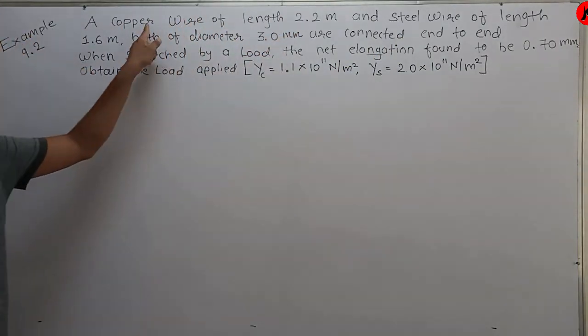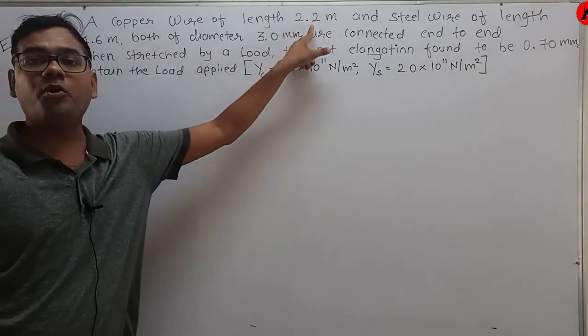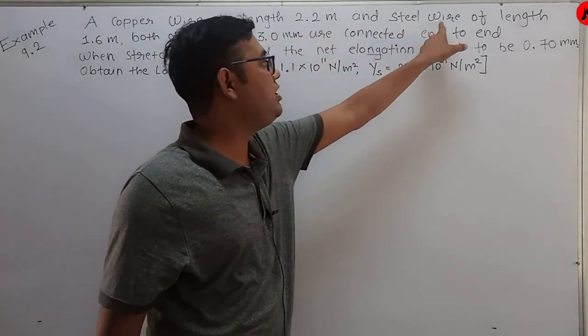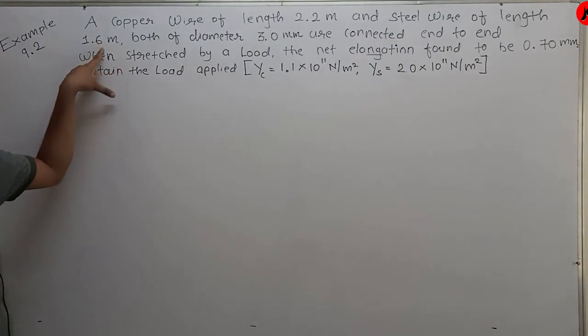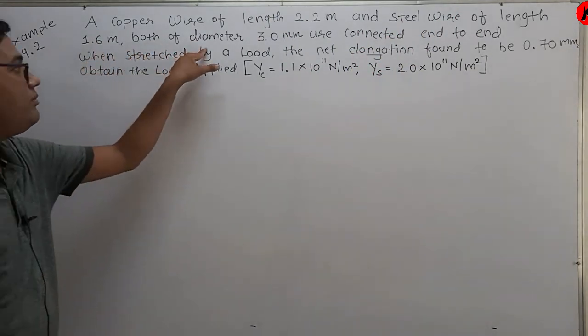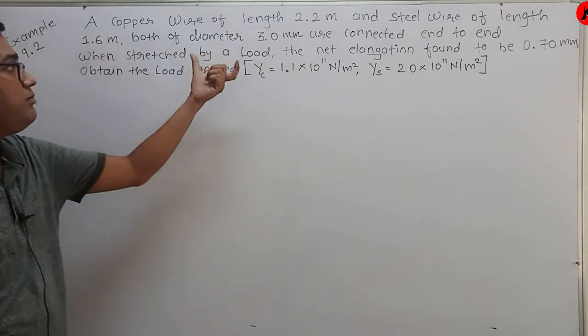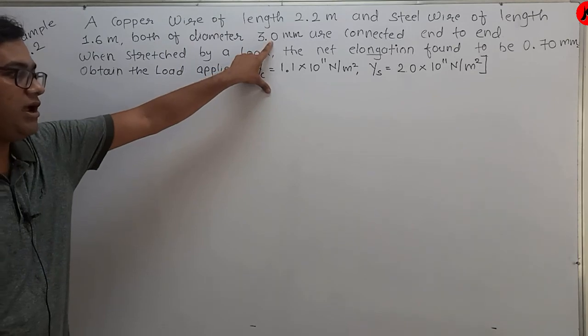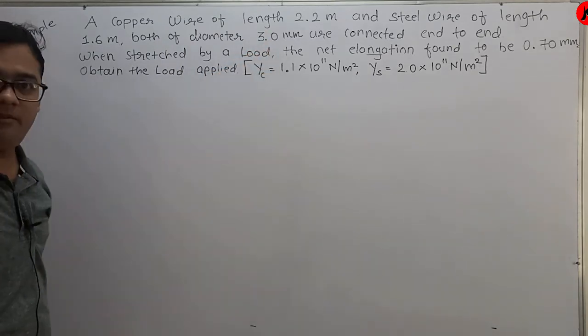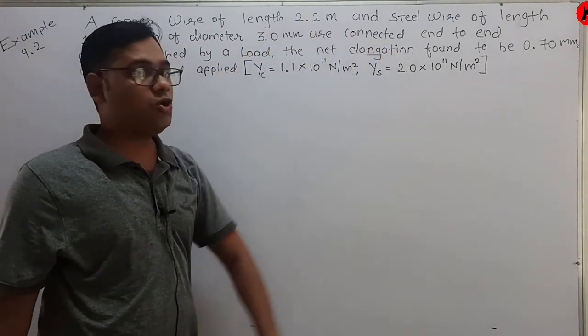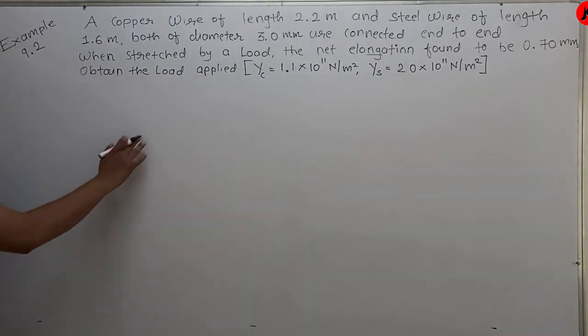The length of the copper wire is 2.2 meter and the length of the steel wire is 1.6 meter, but both have the same diameter, 3 mm. So first of all, let us draw the figure.